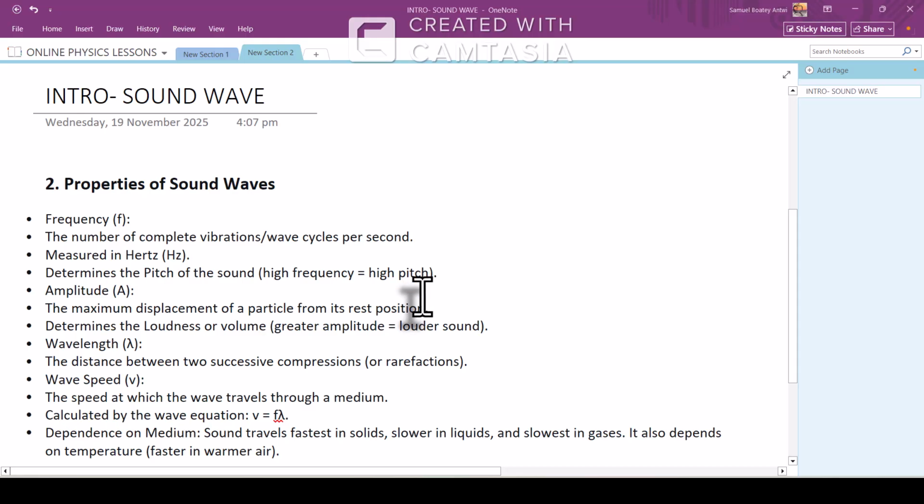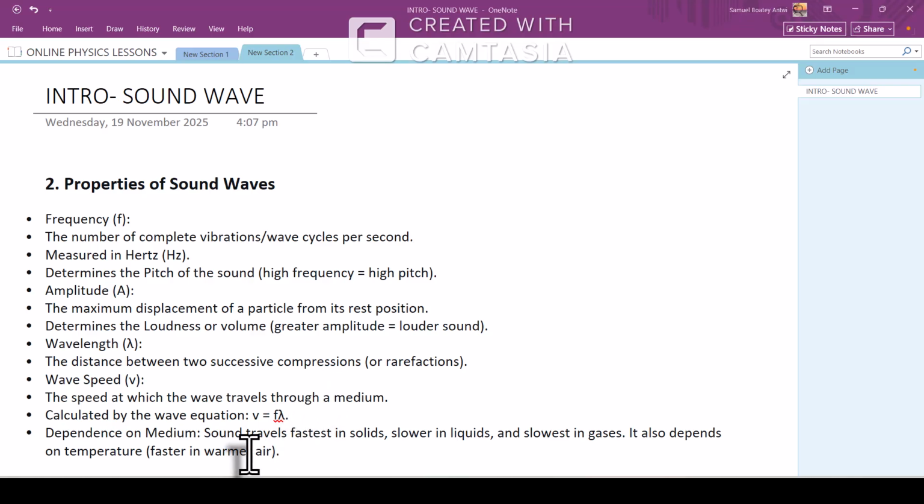And then there is the speed of the wave. The speed of the wave is the speed at which the wave travels through a medium. So, sound wave being a mechanical wave that will require a material medium for its propagation, it will travel through the various media with certain speed, for lack of better words.